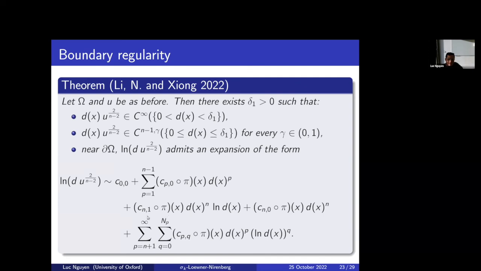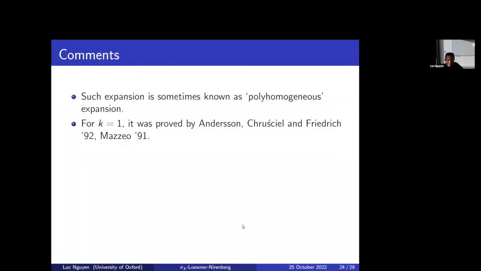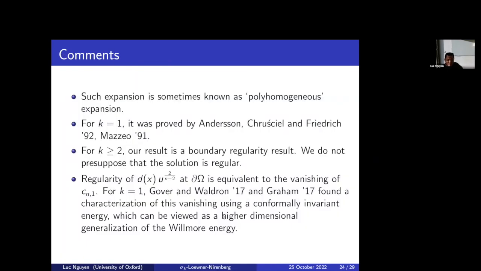So now what we see is that if this term here vanishes entirely, then we can develop this series without having a log term in it. So that means we have a power expansion in terms of the distance alone, and that implies that this function here is regular at the boundary. It is C infinity at the boundary.